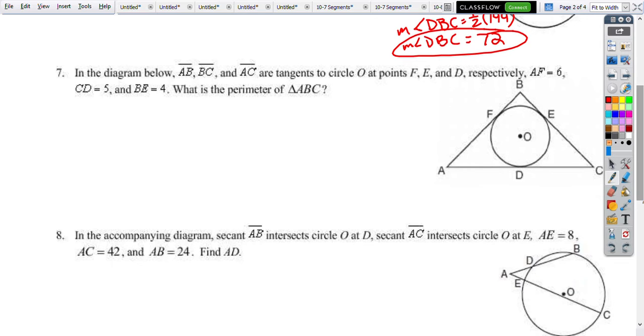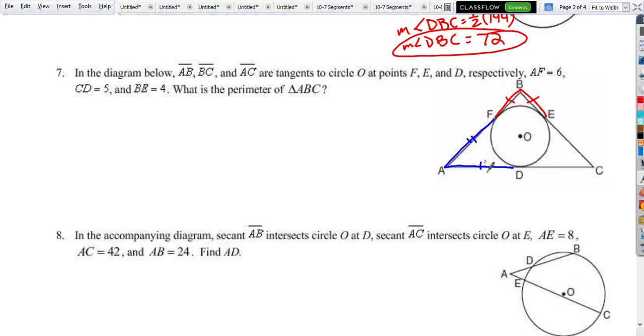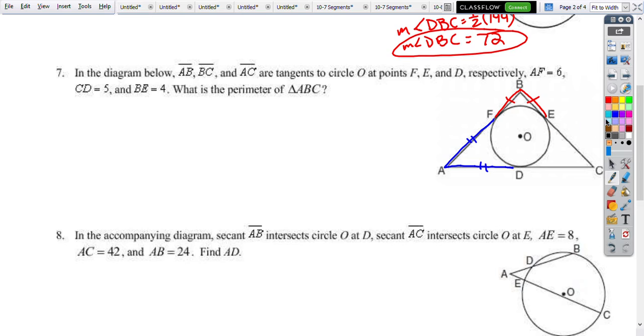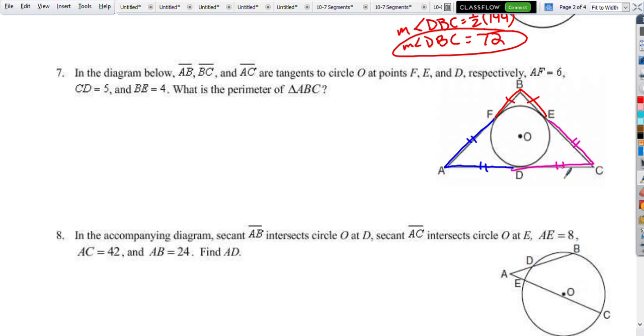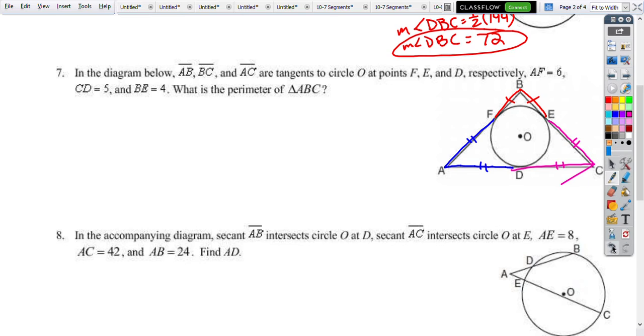Number 7, remember the hat rule. Sides of the hat are equal to each other, so these 2 are equal, these 2 are equal, and then those 2 are equal. So it says that AF is 6, so this is 6, so is the other side.